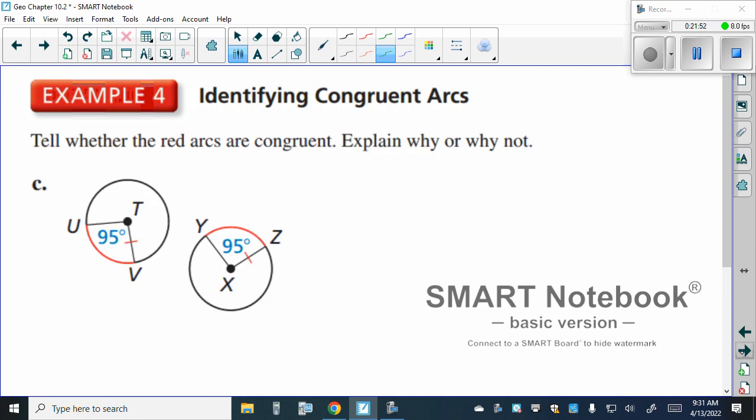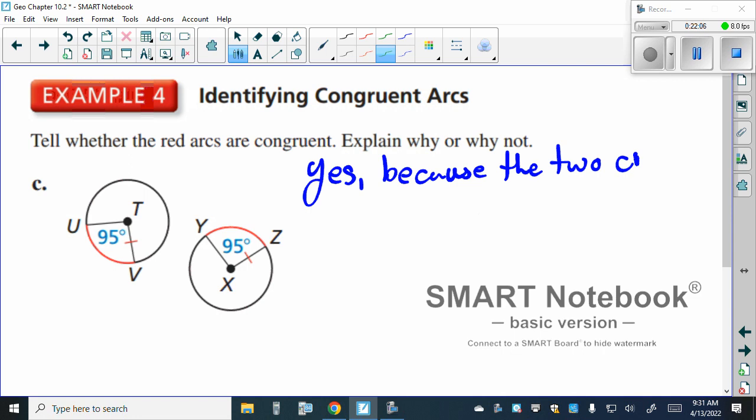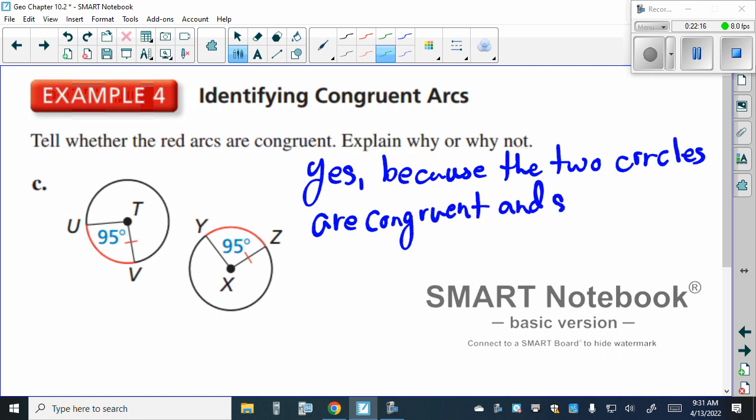So here we know the circles are congruent because their radiuses are the same. Yes. Because the two circles are what? And so are their central angles.